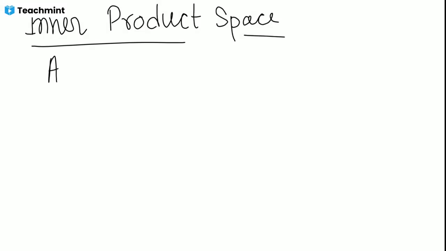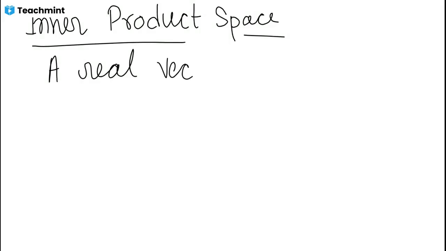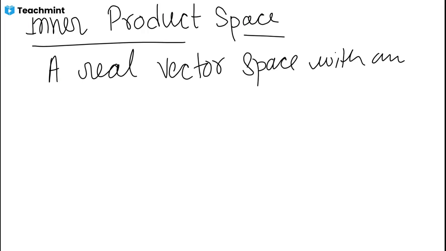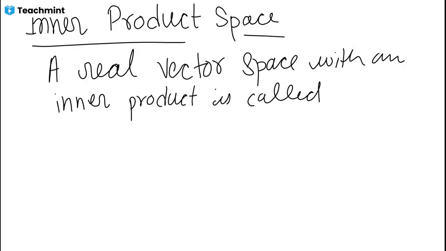A real vector space means having real vectors in it. A real vector space with an inner product is called an inner product vector space, or we can also call it a real inner product space.